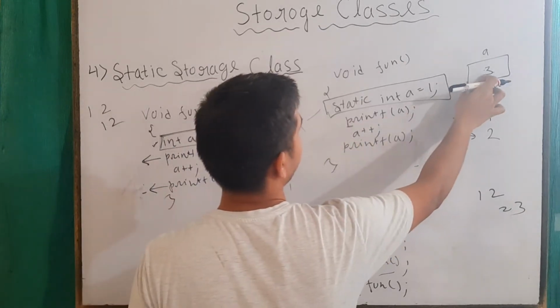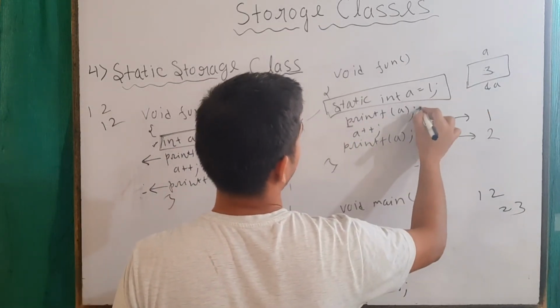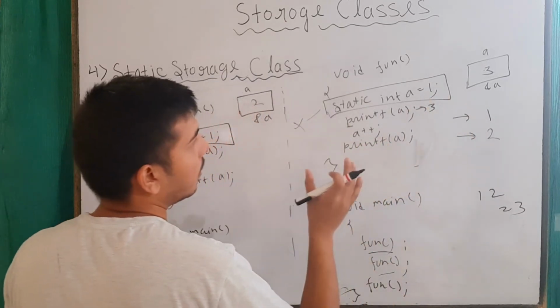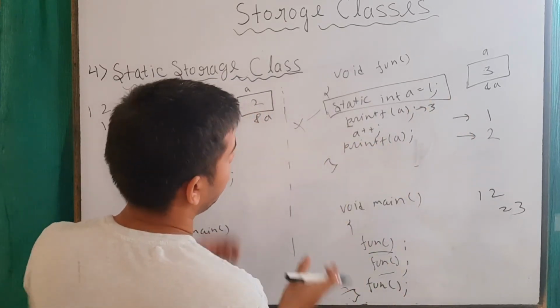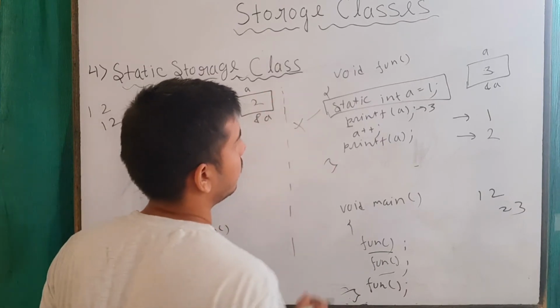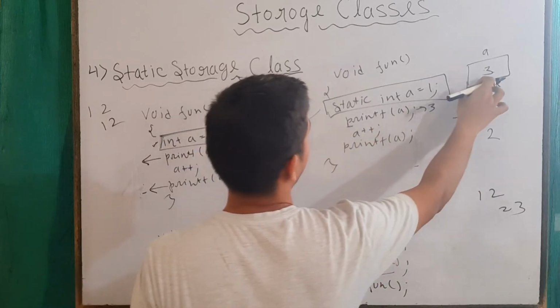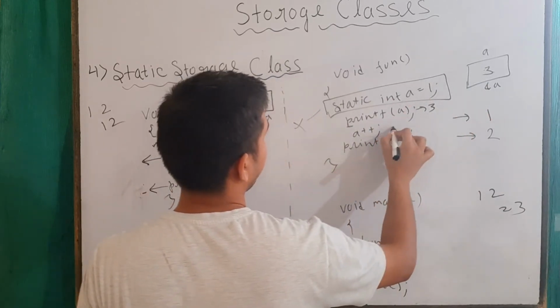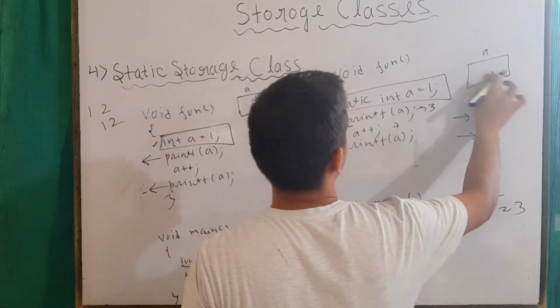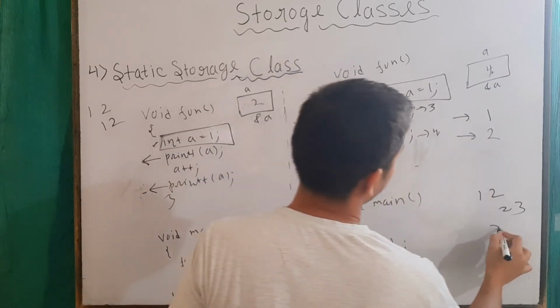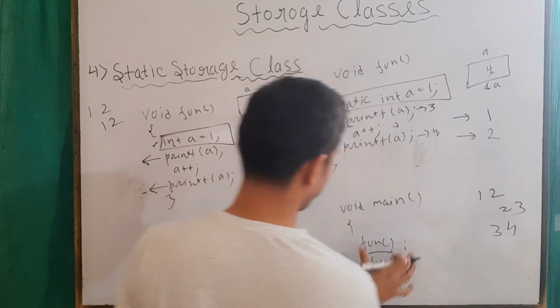What is the current value of a? It is 3. Note that our value is persisting across function calls. So printf of a gives me 3, a++ will change it to 4, and then printf of a gives me 4, and the output will become 1 2 2 3 3 4.